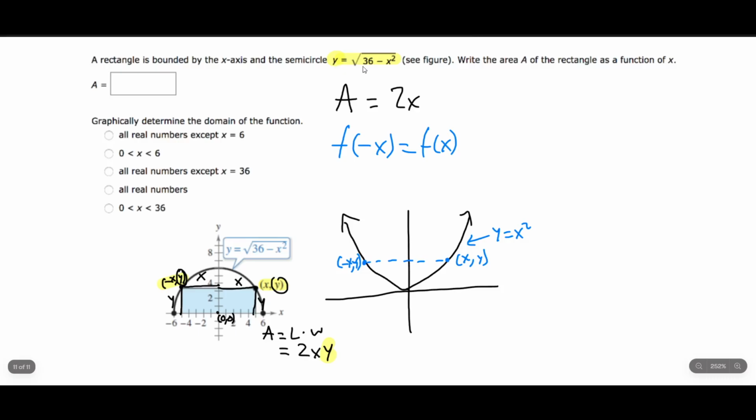Well, y equals the square root of 36 minus x squared. So times the square root of 36 minus x squared. And this is our area equation: 2x times the square root of 36 minus x squared.